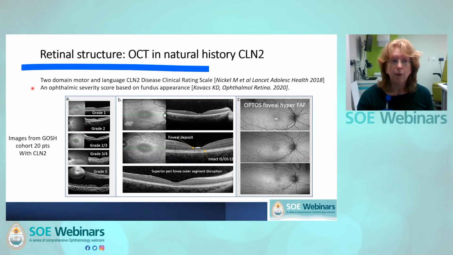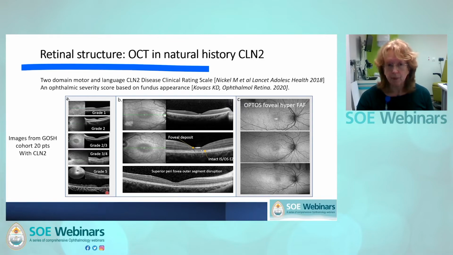More recently, an ophthalmic severity score, which was based on the appearance of the macula, has been published. And here I've shown some images taken from our cohort of 20 patients with late infantile CLN2. It shows the grading in this column going from fairly normal to profound atrophic changes at the macula.